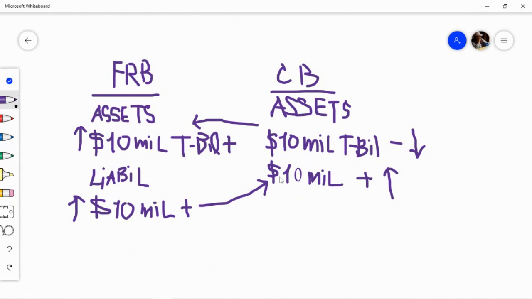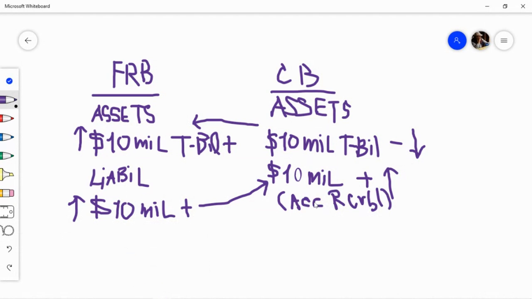This increases the commercial bank's accounts receivable by 10 million.